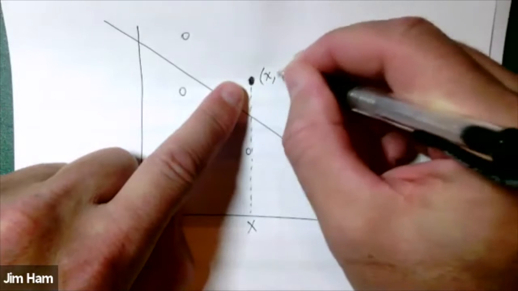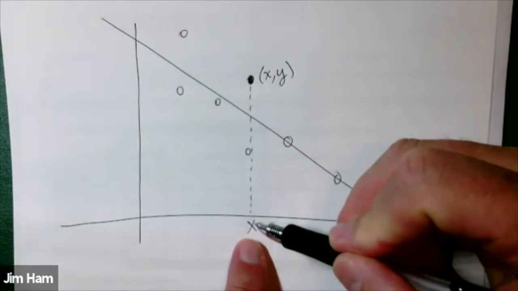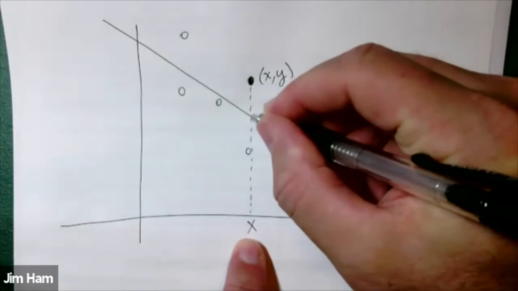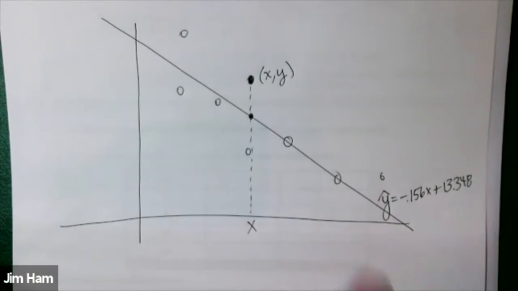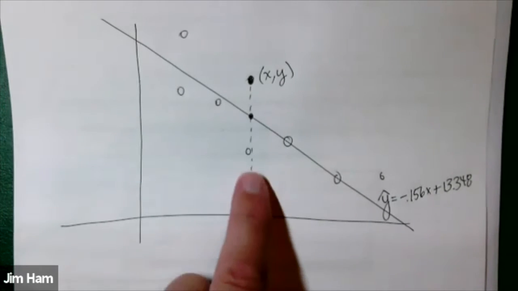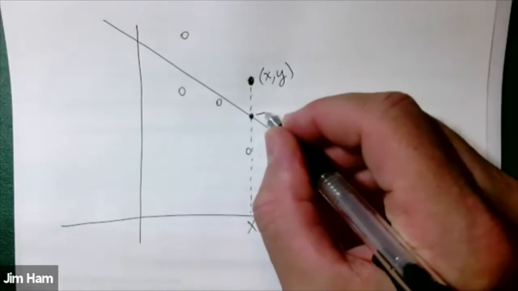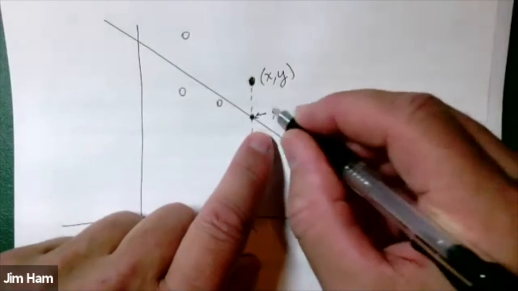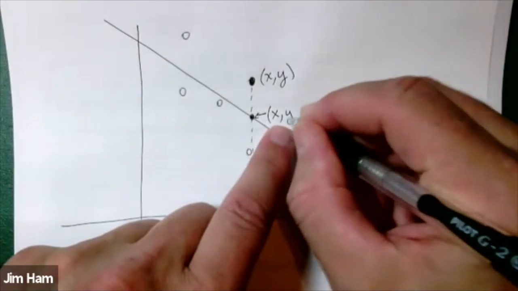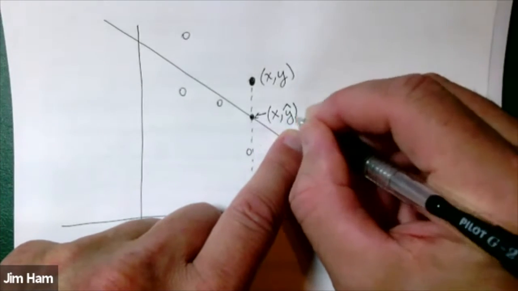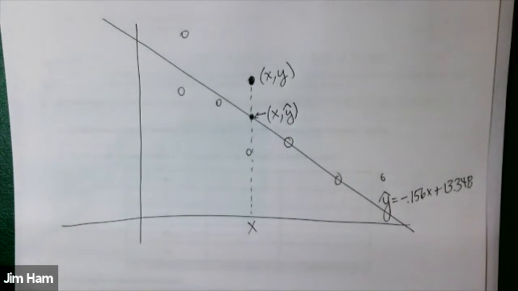This is an X, Y. Now, if we take that same X value and we go up to the line of best fit, this is our Y hat equation. That equation will predict the Y value at any point, including this one X. So this point right here has the same X, but the Y coordinate is based on plugging that X value into the line of best fit for a prediction. So this Y coordinate is Y hat, and we're going to get that from the regression equation.